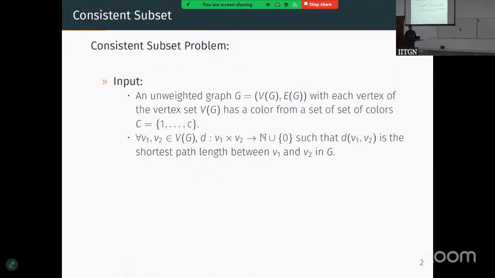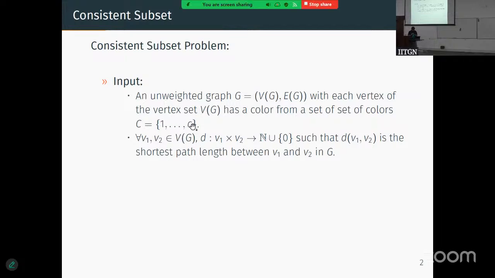Now the consistent subset. The input is a graph and a set of colors 1 to C, which is given.